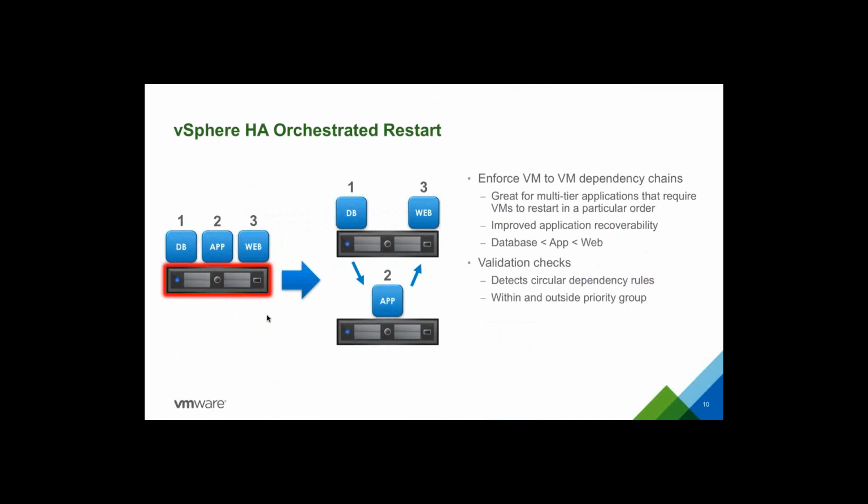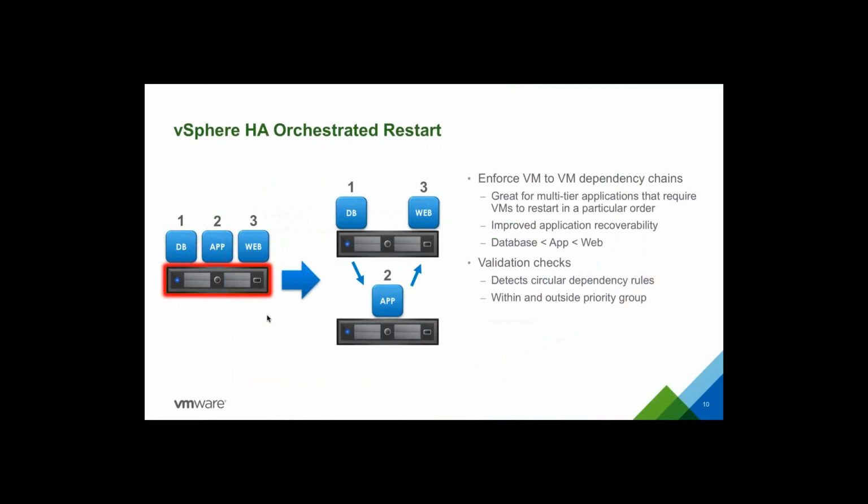It's also going to ensure that you have the priority groups defined correctly as well. So for example, you can't have, in this case, the database tier be a medium priority and your app tier be a high priority. It's going to detect that and prevent you from doing that.